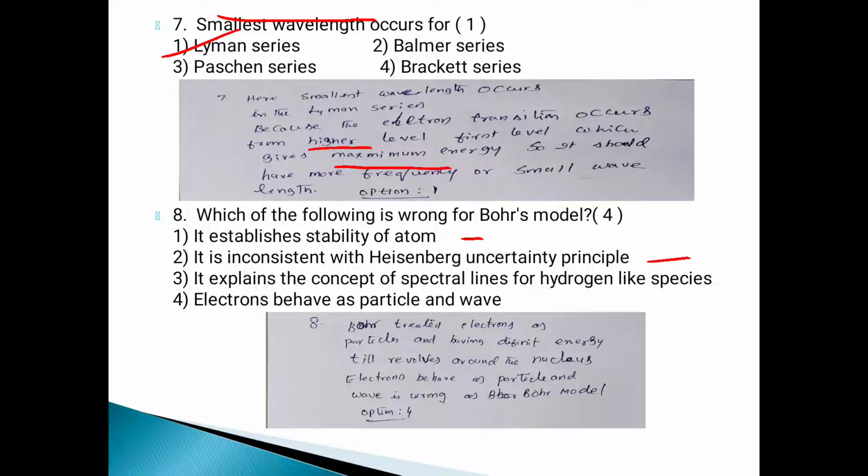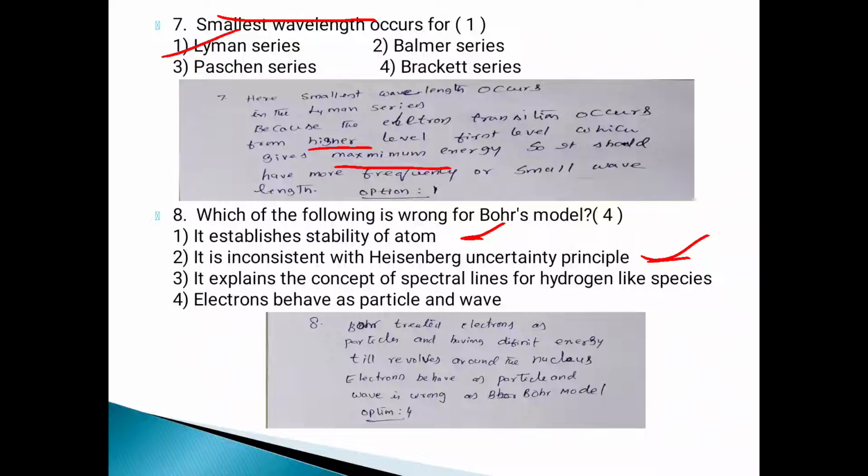Yes, because he doesn't know about the dual nature or position of the particle. He says that it will permanently be rotating in stable stationary orbits. So it is not consistent with the Heisenberg uncertainty principle.